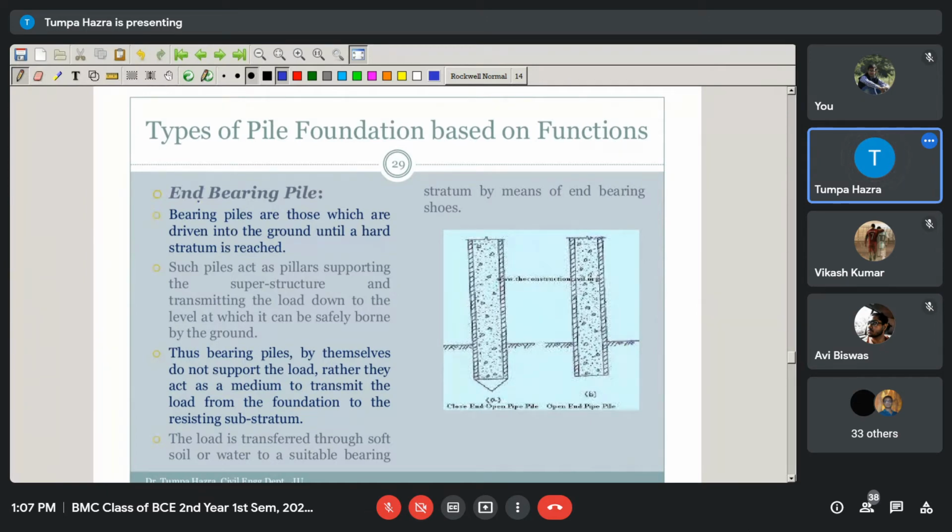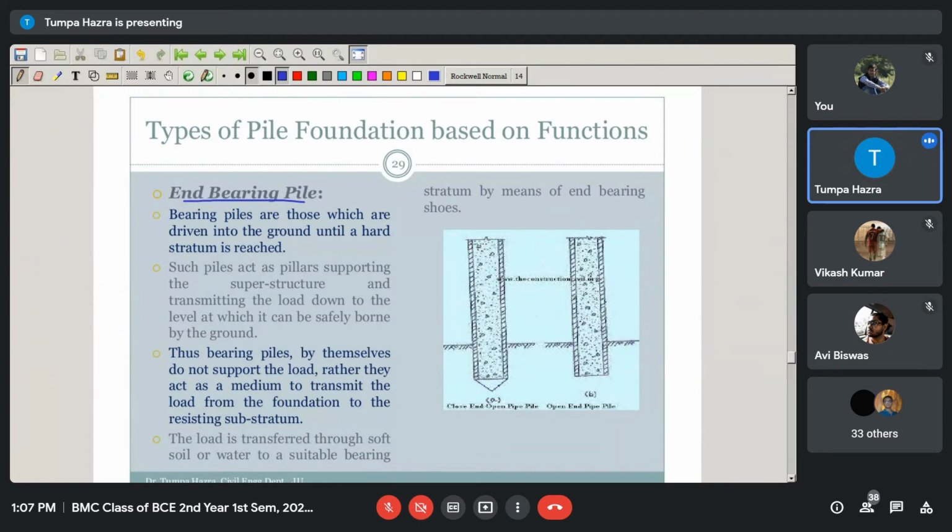Okay. For example, the first one is end bearing pile. So from the name itself, you can understand that the load of the building is carried by this type of pile and then it is transferred to the soil by its end tip.